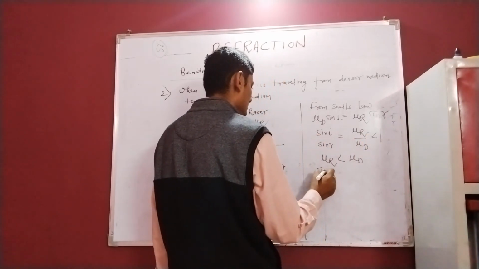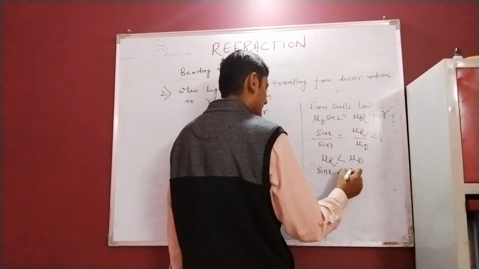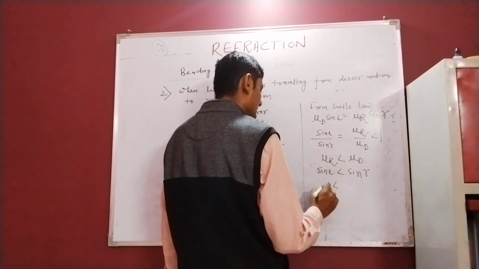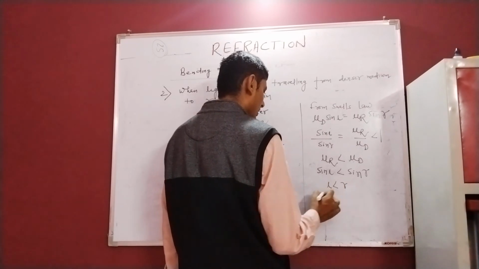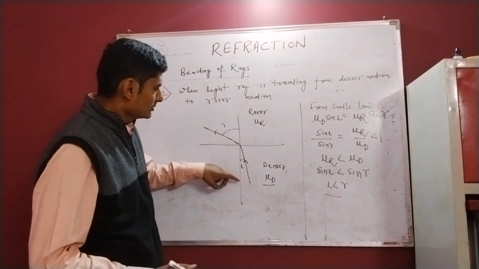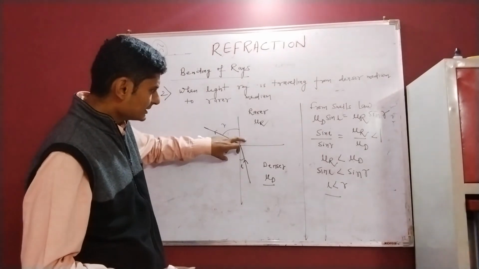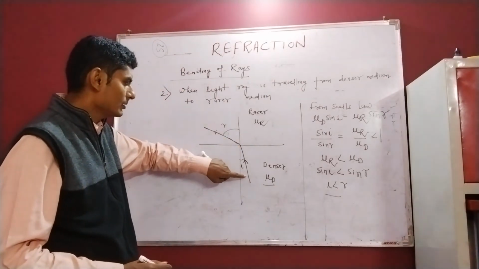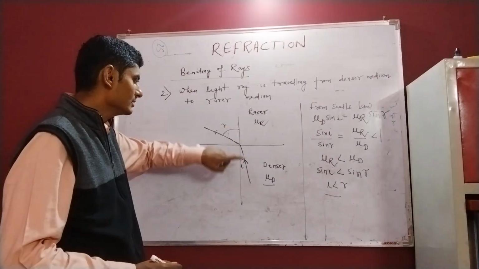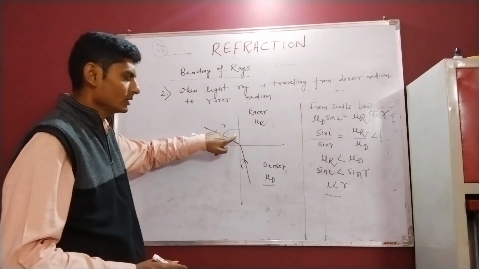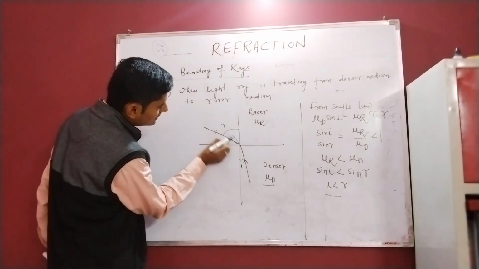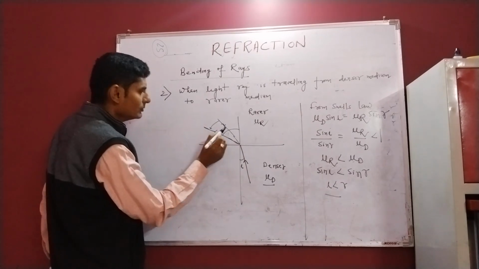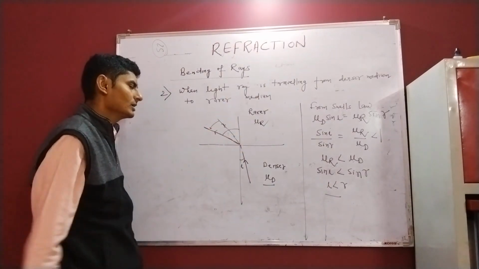That is, sin I is less than sin R, and we say that I is less than R. When we observe it carefully, we can conclude that when light rays travel from a denser medium to a rarer medium, it bends away from the normal, because the initial direction was this and it bent away from the normal.